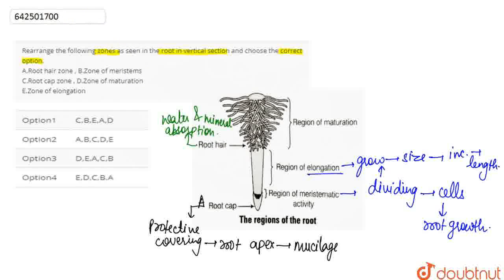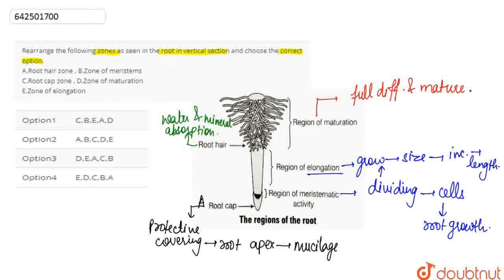Then lastly we have the zone of maturation, or the region of maturation, where the cells of the root are fully differentiated and mature for performing different functions of the root.